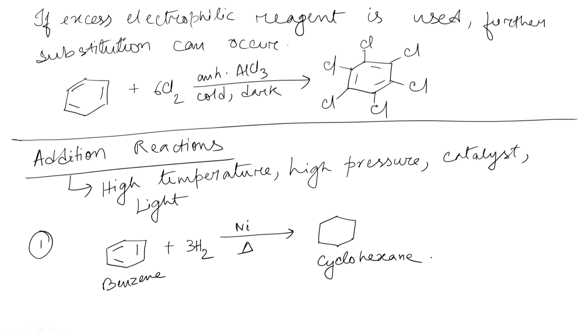Okay. The second example of addition reaction of benzene is halogenation. We add 3Cl2.